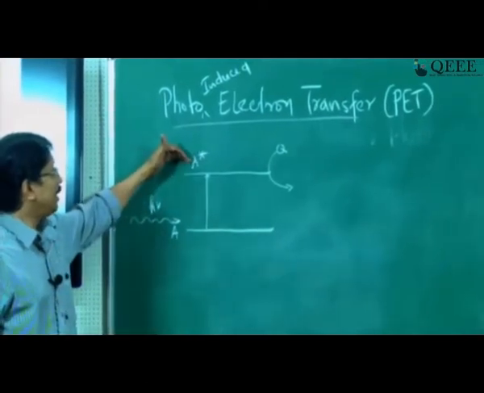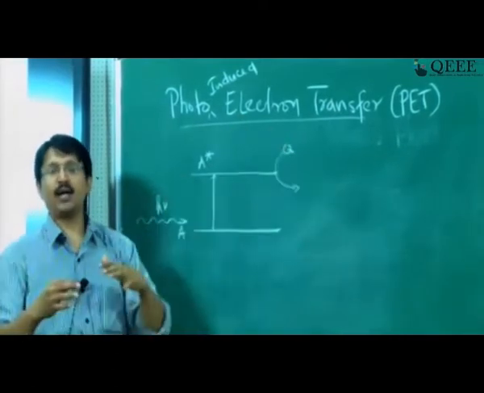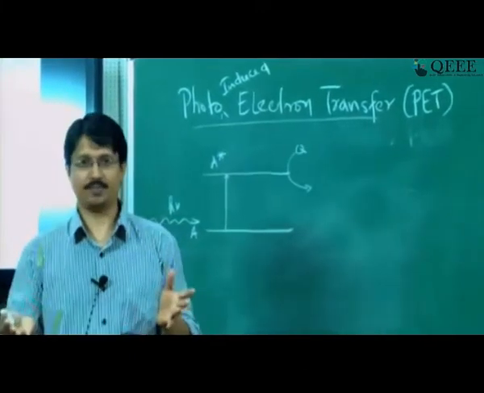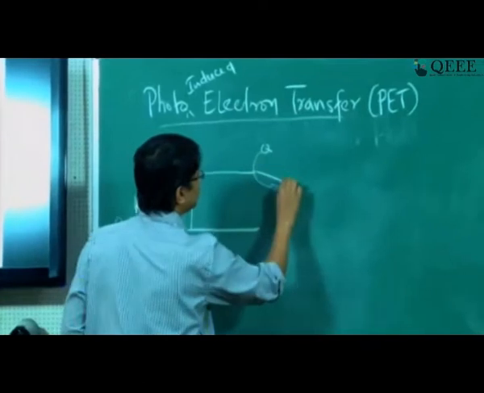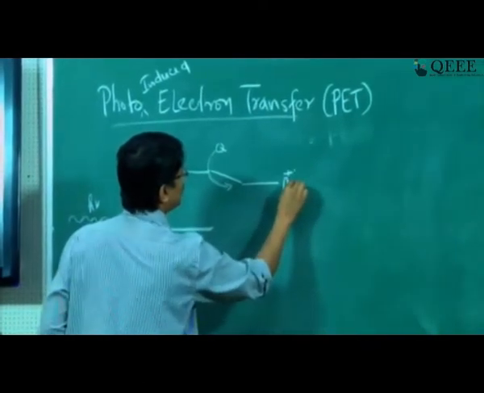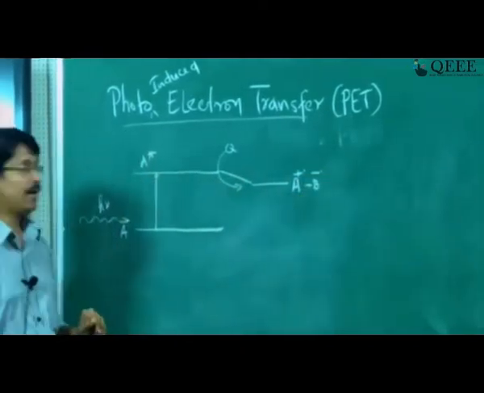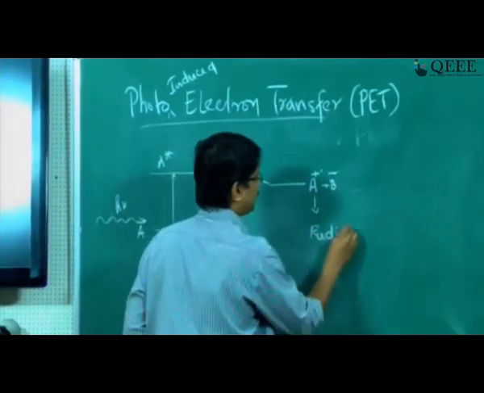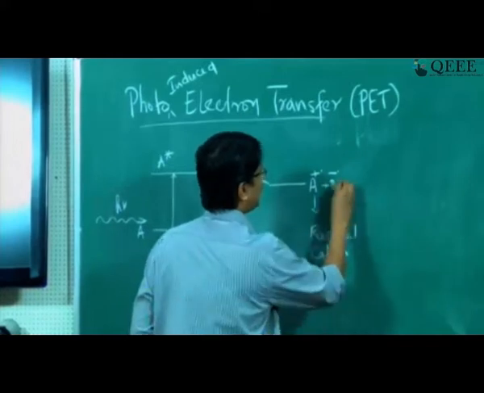Assume that A can give an electron to the quencher. A is an electron rich species, Q is an electron deficient species; it can be vice versa. If the electron transfer happens, you will form A plus dot and Q minus dot. They are called a radical cation and a radical anion.